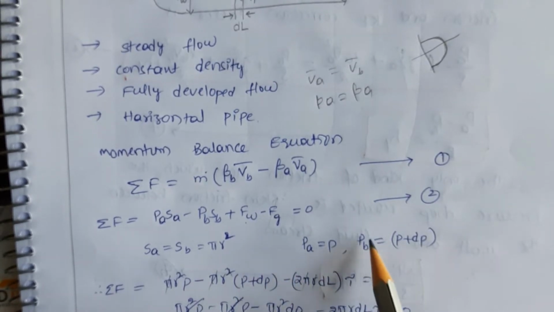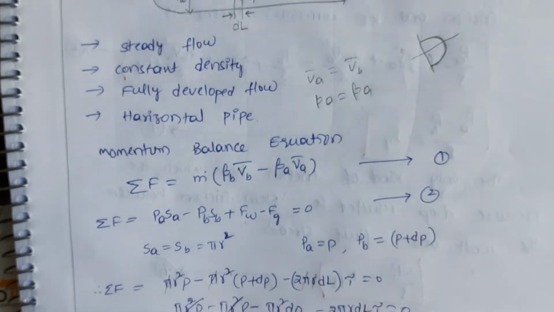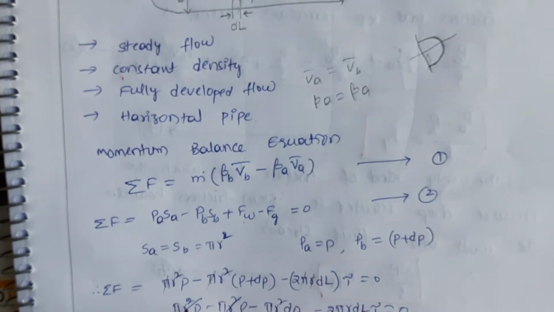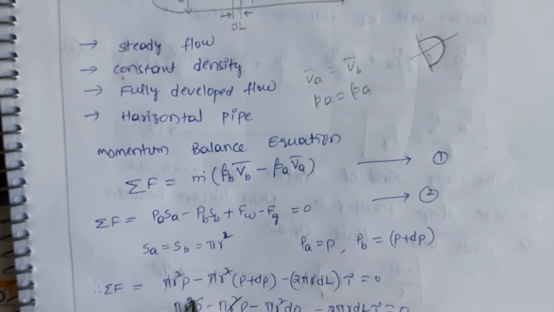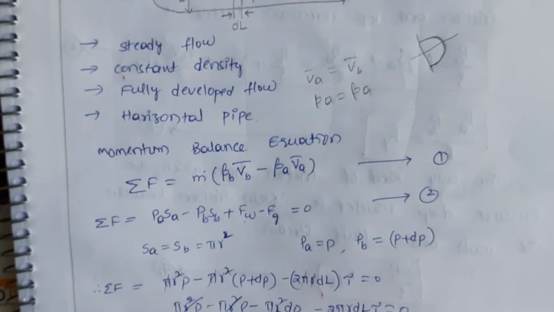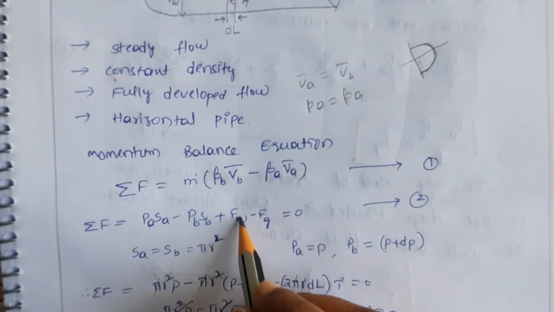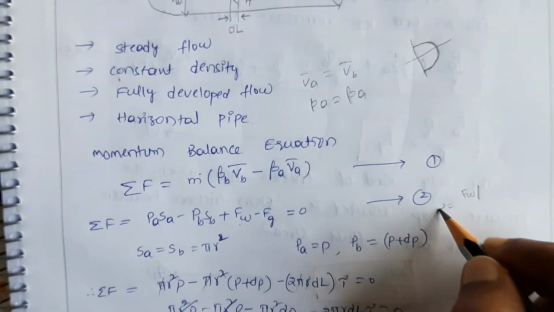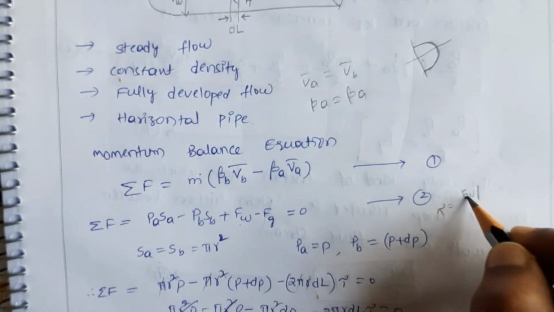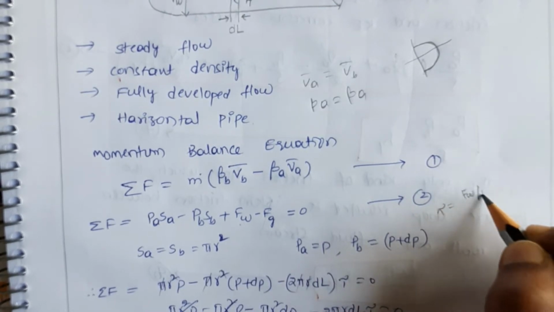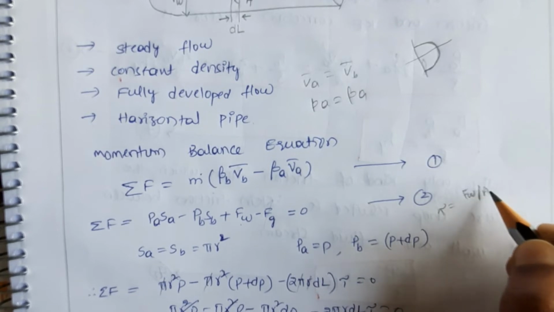By substituting all these terms in equation 2, we will get an expression like this. By simplifying this expression, this term will cancel and this term will get cancelled. So this is the shear force. We know shear stress tau equals shear force or wall force divided by area.